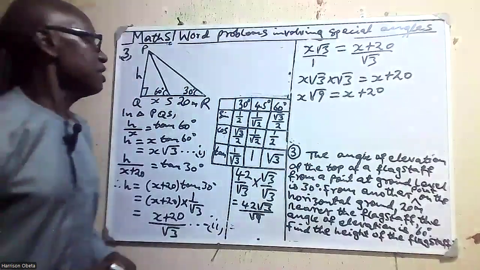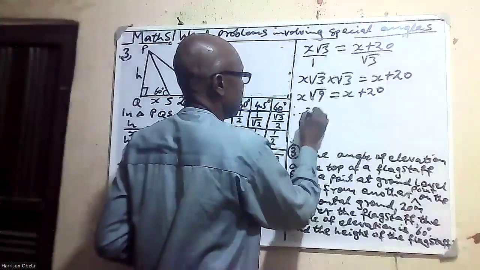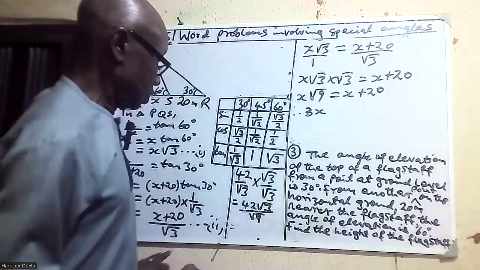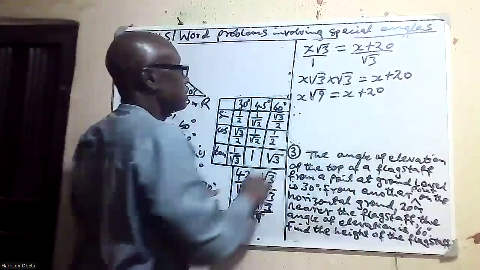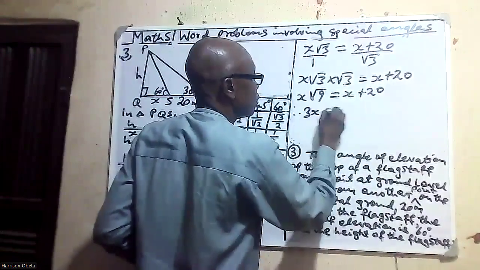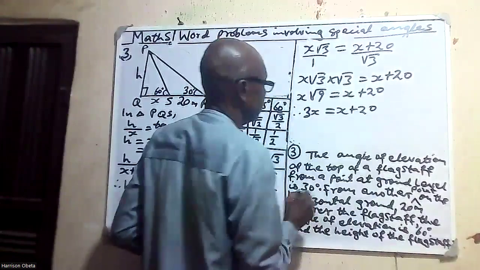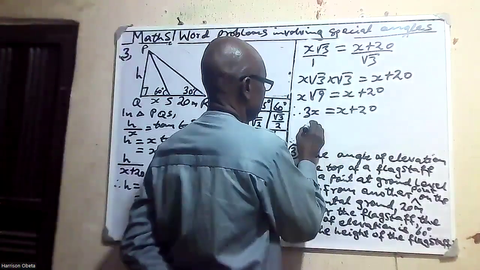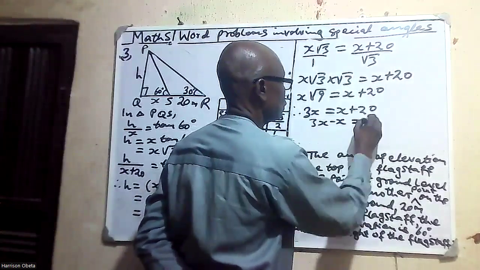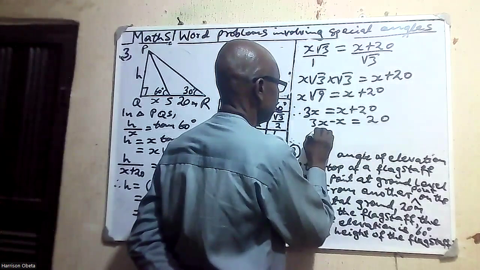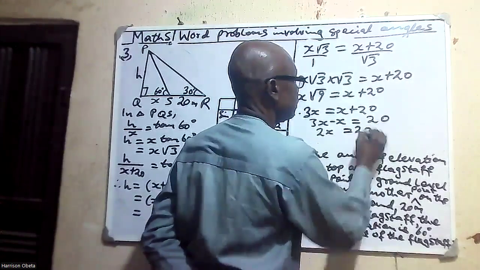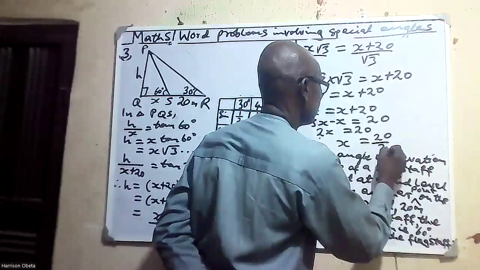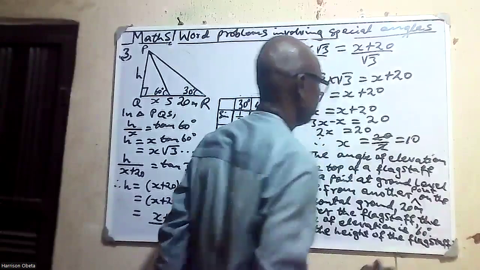Well, we know that root 9 is 3, so that will now give us 3x equal to x plus 20. Then we collect our like terms in order to find the value of x. 3x minus x is equal to 20. And that means that 2x is equal to 20. Therefore, x is equal to 20 over 2, which is equal to 10.